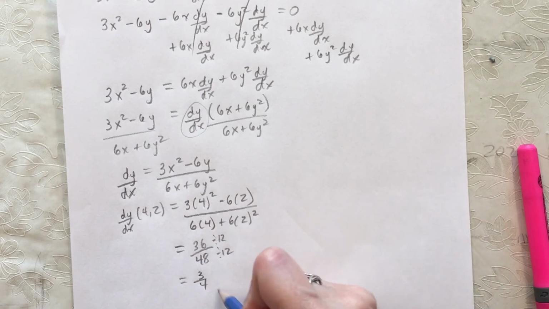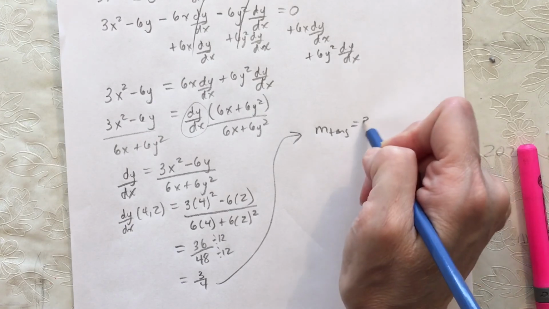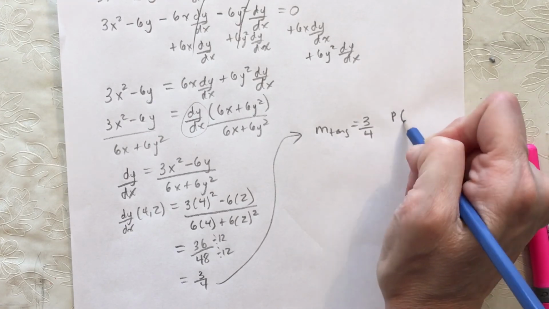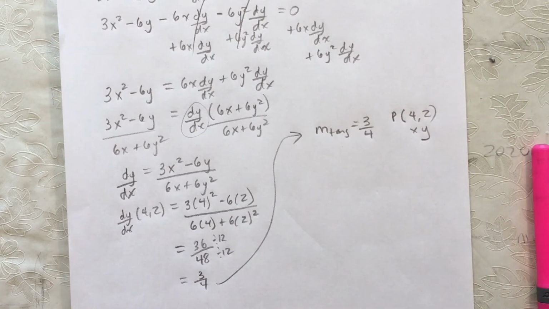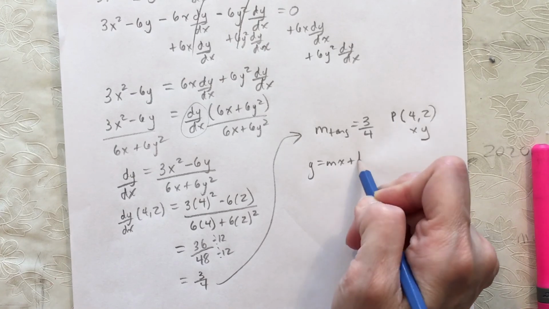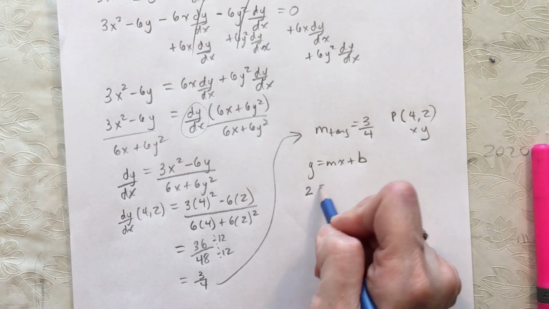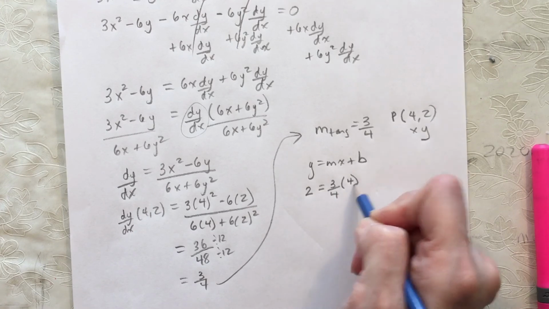3/4. So that means m tangent is 3/4, and we know we have the point 4, 2 for x and y. So we can use y equals mx plus b, with y being 2, m being 3/4, x luckily being 4.